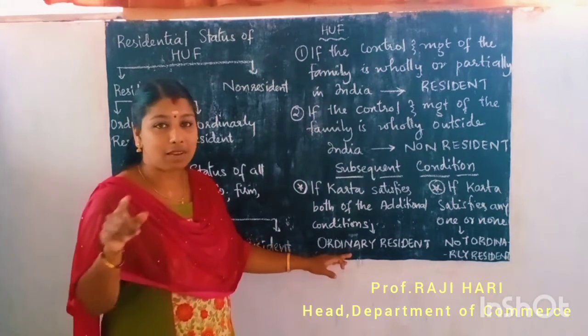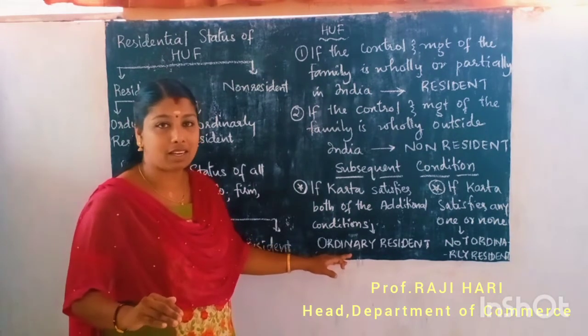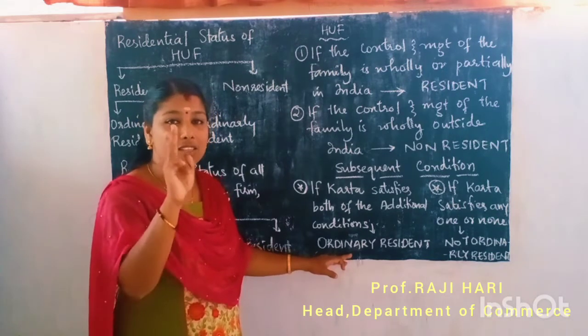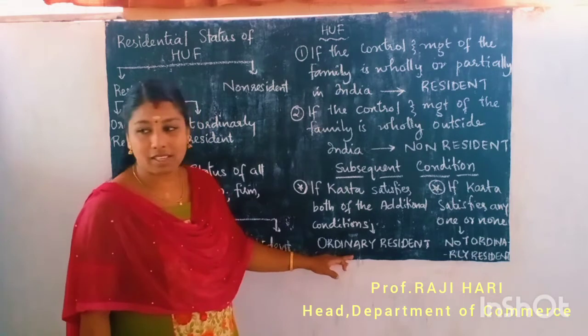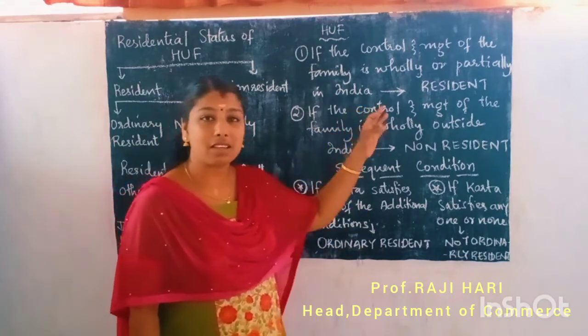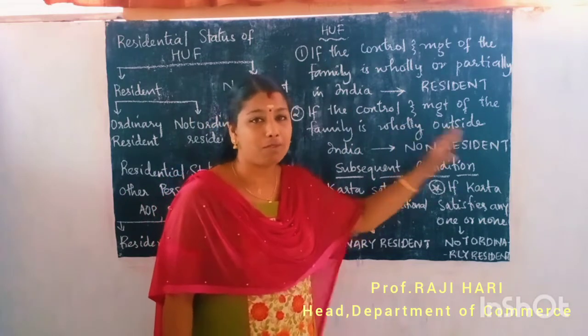730 days out of 7 years he must be physically present in India, and the second one, he must be resident in India for at least 2 years out of 10 years. If he satisfies both of the additional conditions, that family is an ordinary resident family.